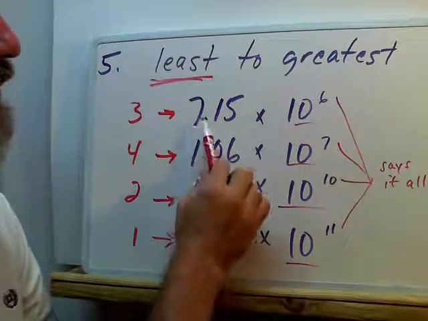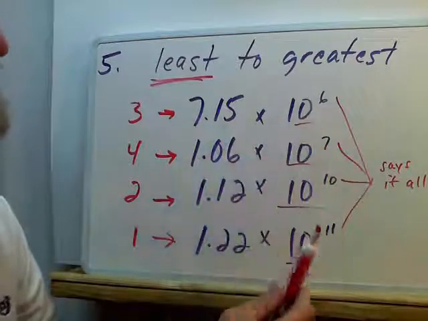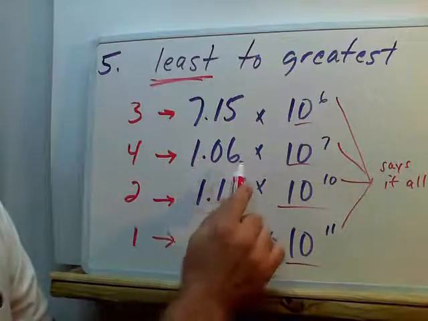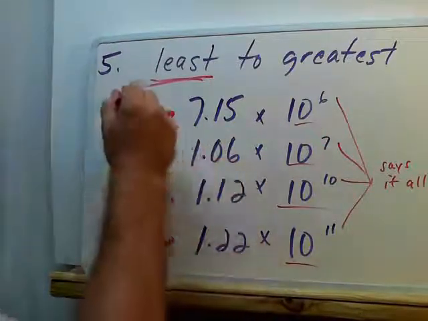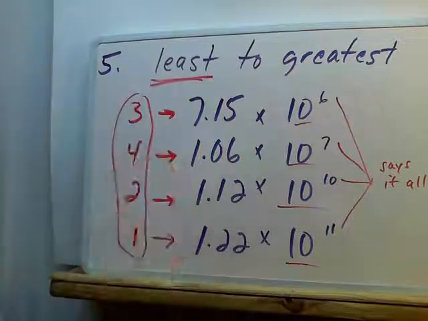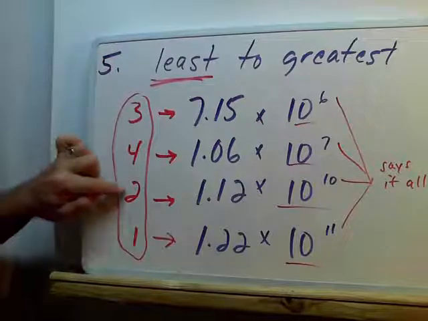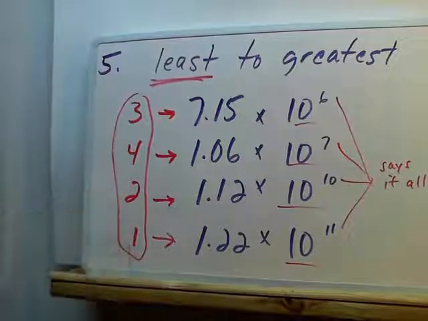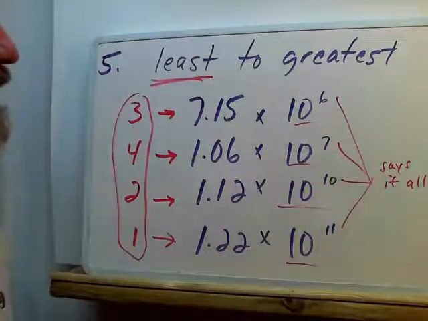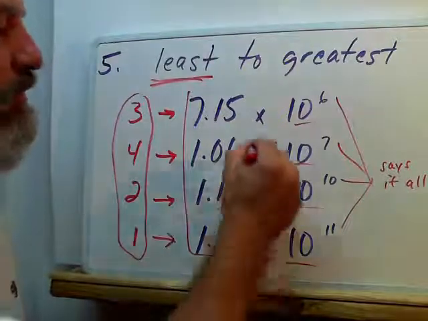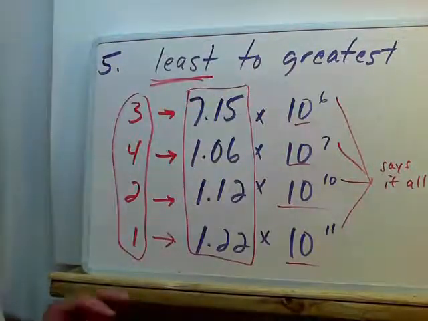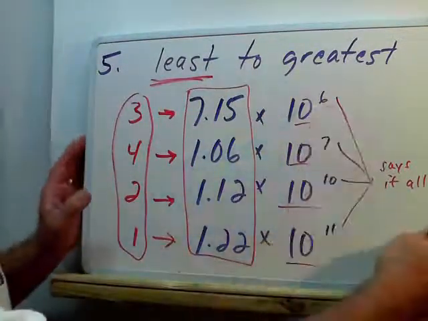So we have 7.15 times 10 to the 6th, followed by this number here. And this is where you're going to look for your answers. So the third number was the least, then the fourth, then the second, and then the first, in this order here. In this case, you didn't even need to pay attention to the number that we were multiplying by the power of 10.